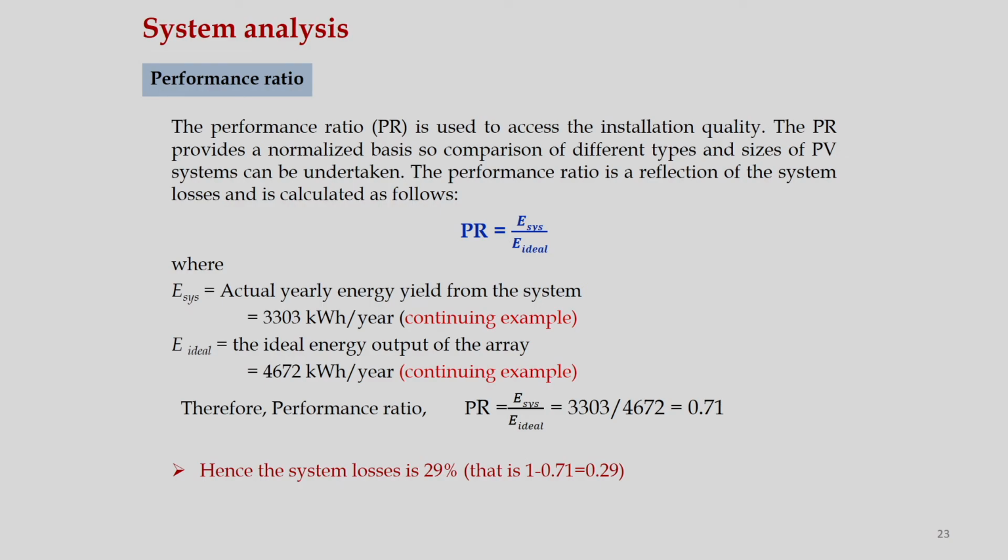Now, we are very much interested in the performance ratio. This is one of the critical parameters of a grid connected PV system. Once we calculate this performance ratio, we can confirm the amount of losses taking place in the designed PV system. This performance ratio is used to assess the installation quality.